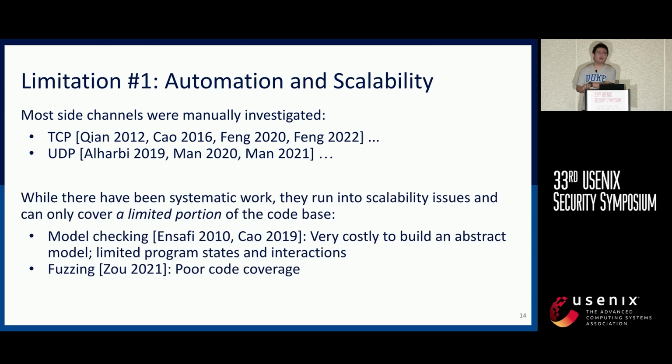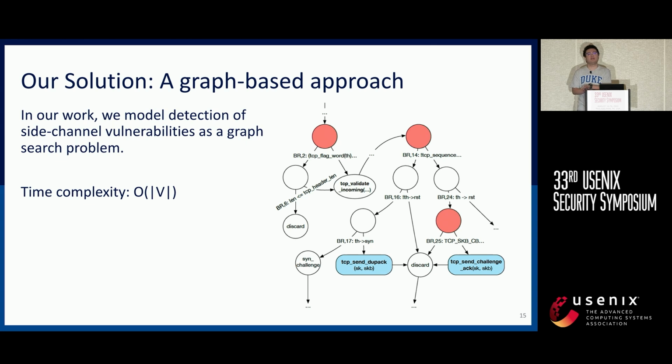While there has also been some automatic and systematic work on side channel detection, using model checking and fuzzing to detect side channels within transport layer protocols, due to their limitation on scalability, they could not cover either the whole code base or the whole program state space. Our solution to this problem is to model the detection of side channels as a graph search problem. This reduces the time complexity of detection from exponential to linear, and thus provides great scalability, and it allows us to analyze the whole code base and all possible program states.